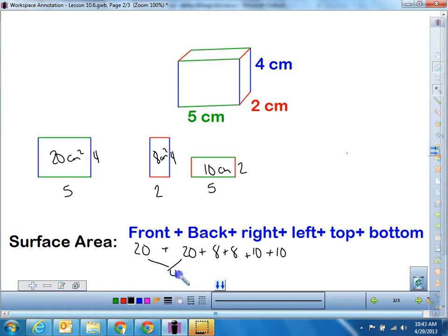We get 40. 8 plus 8 is 16. And 10 plus 10 is 20. So when I continue to simplify this, 20 plus 40 is 60, plus 16 gives us 76. It's surface area, but it's still area, so we need to make it centimeters squared.